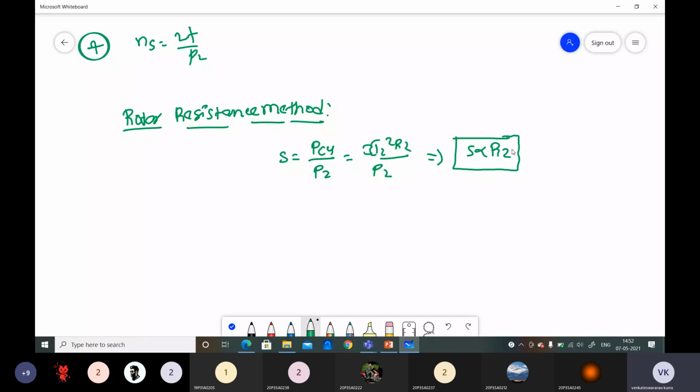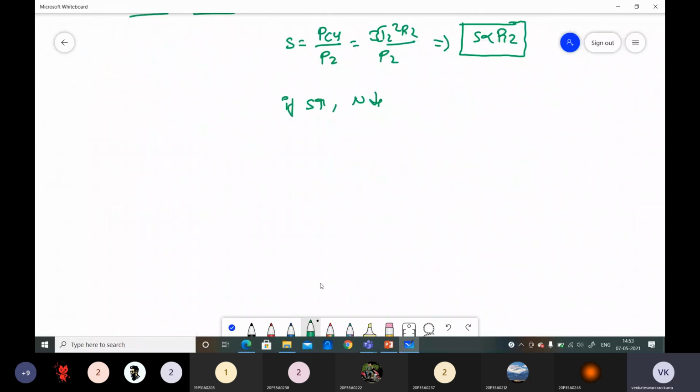This rotor resistance control method is possible only in a slip ring induction motor. By adding some additional resistance, we can increase the slip. If the S value increases, the speed of the motor decreases. Like this, we can control the speed of an induction motor by changing the rotor resistance.